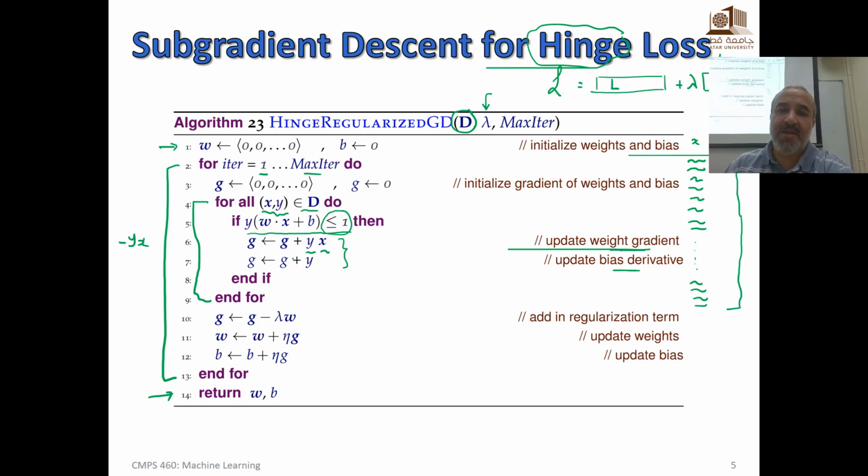Notice something the author of the textbook decided: he used bold G to indicate the gradient for the weight vector, and non-bold G to indicate the gradient for the bias. These are two different variables. One is updated with yx and the other with y, because the gradient with respect to the bias is just y, and the gradient with respect to the weights is yx.